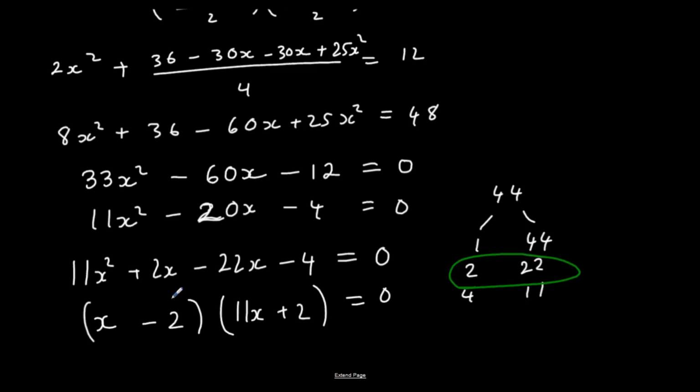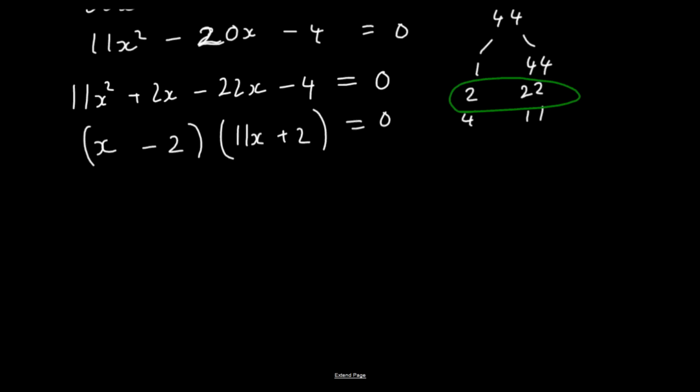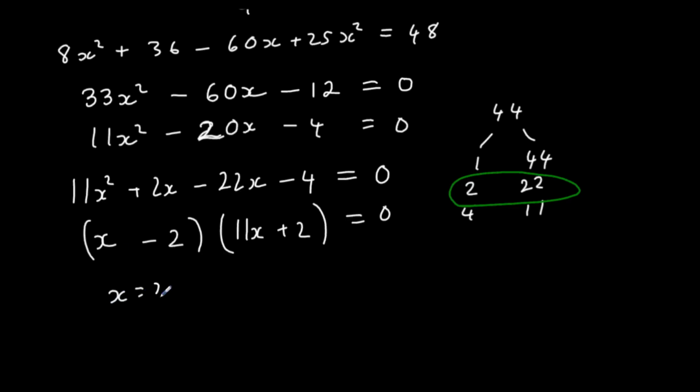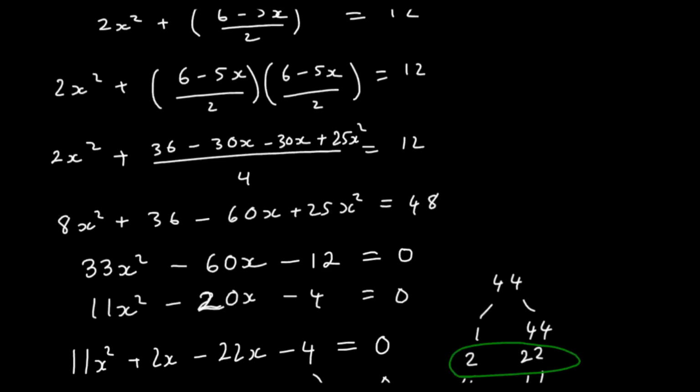That's negative 2. And negative 2 times positive 2 is negative 4. So that means x is equal. What makes the first bracket 0? 2. What makes the second bracket 0? Minus 2 elevenths. So x is 2, or minus 2 elevenths.